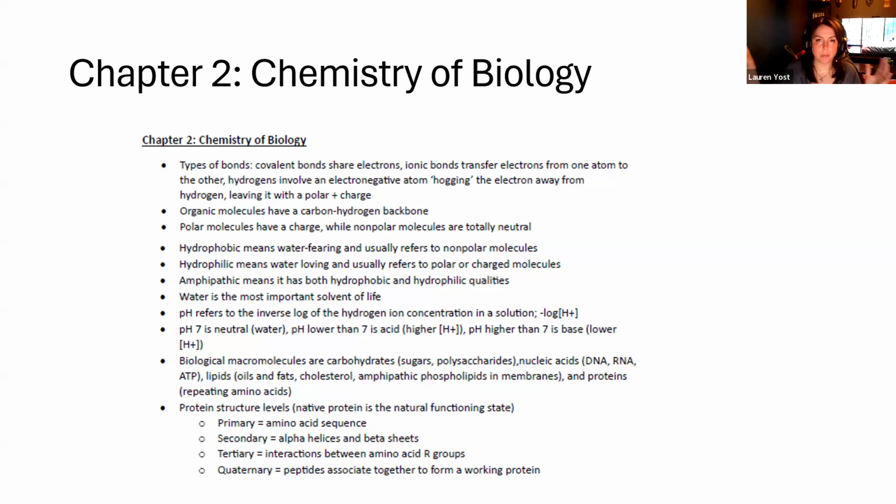Try not to jumble up all those terms in your head. Ionic bonds can lead to ions forming because one is completely taking the electron away from the other. Sodium becomes Na+ and chlorine becomes Cl-. Chlorine is negative because it stole the electron from sodium, and sodium is positive because its electron got stolen by chlorine. That's why they have the charges that they do.